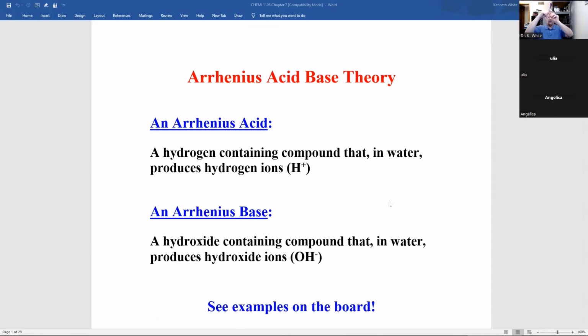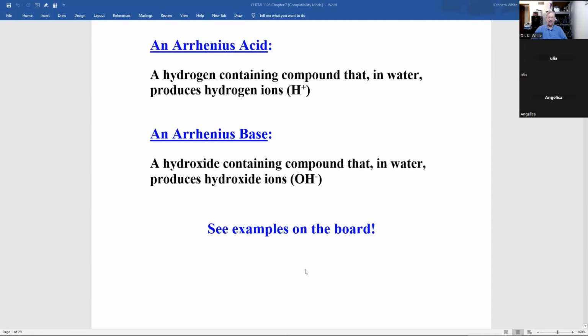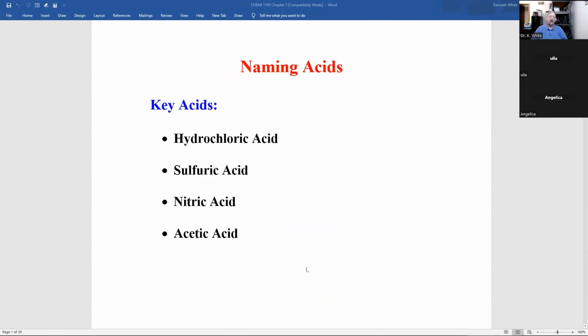And then there's an Arrhenius base, a hydroxide-containing compound, hydroxide meaning OH, that in water produces hydroxide ions, OH-.